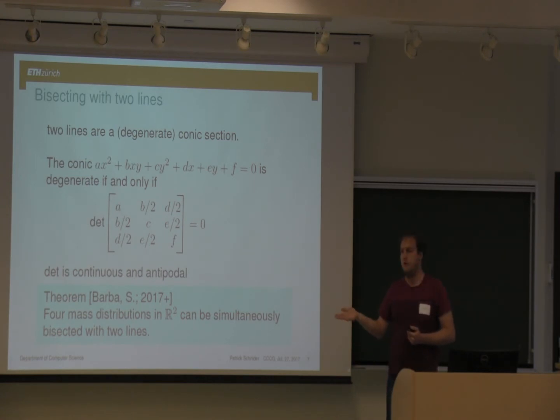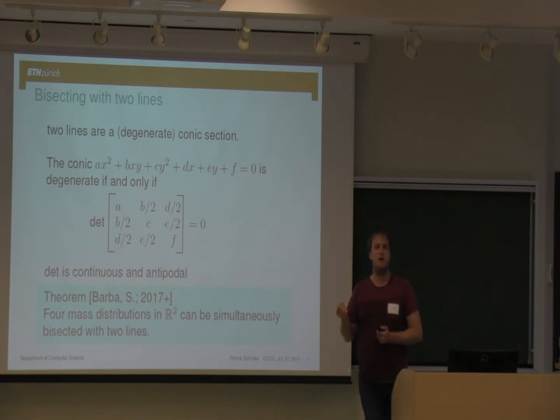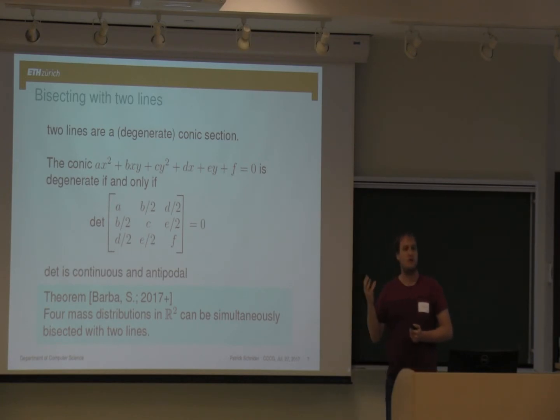This is again a continuous and antipodal function. So by Borsuk-Ulam, we know that there is some point on the sphere where all the functions are 0. So that means we have found a conic section which simultaneously bisects our 4 masses, and that is degenerate by this last condition.